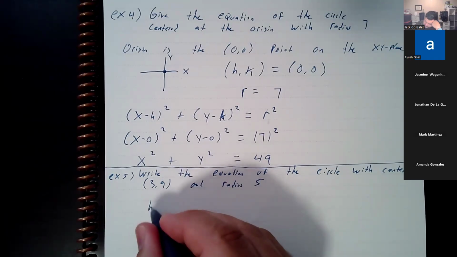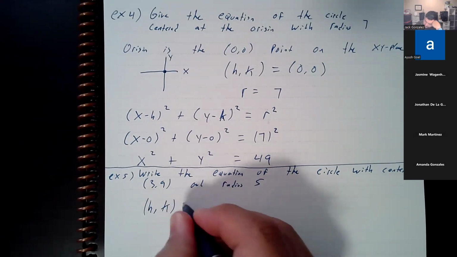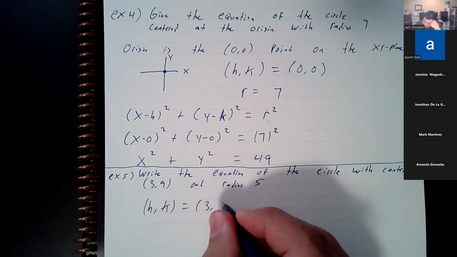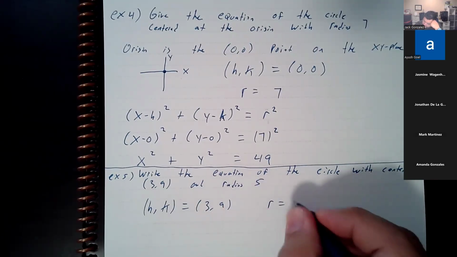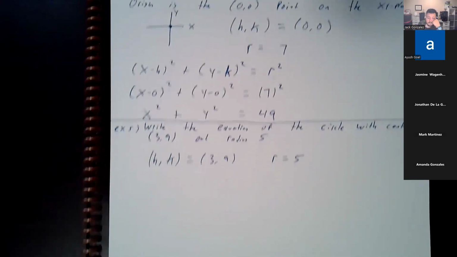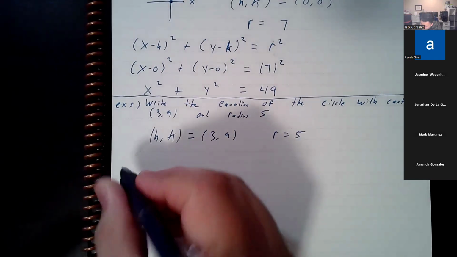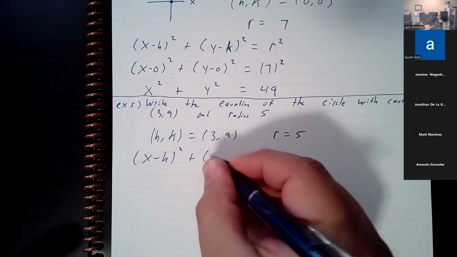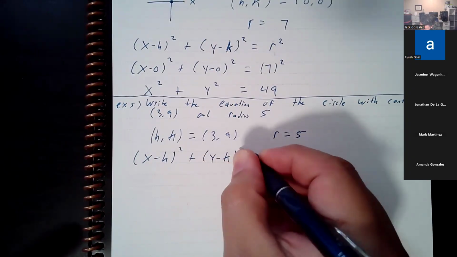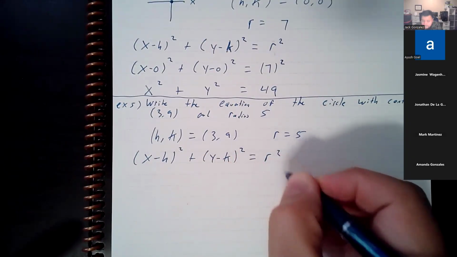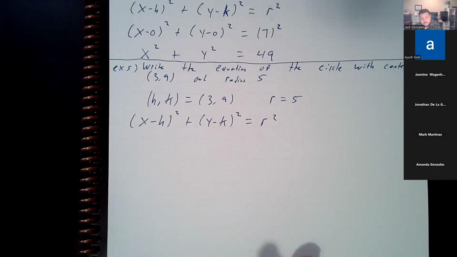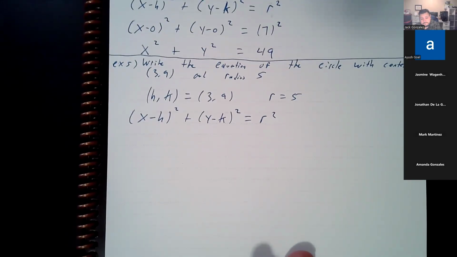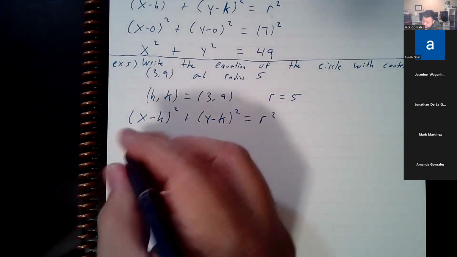So that means that H, K is (3, 9), R is 5, right? Standard form. Plug it all in, and we're good.